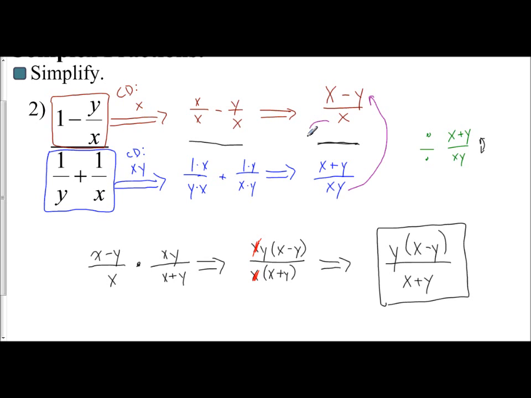Connect the insides together, you're really taking x times x plus y. You could jump right down to this step and simplify from there. And that is how you simplify complex fractions.